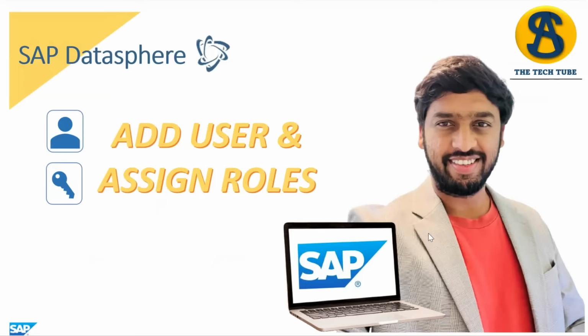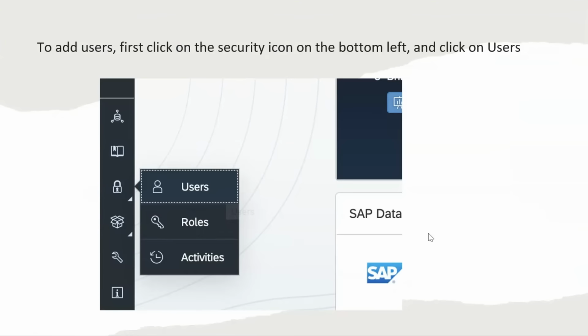So today we are going to discuss user creation and assigning roles to the users in SAP Datasphere. Basically, if you are the admin for creating those user roles, or if you have the respective privilege, then you will be able to see this option, which we are able to see over here.